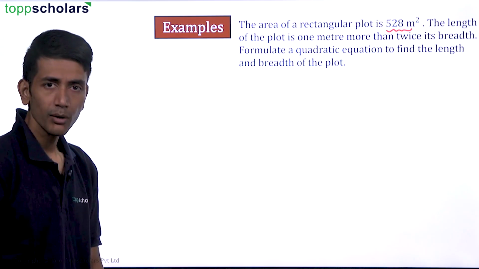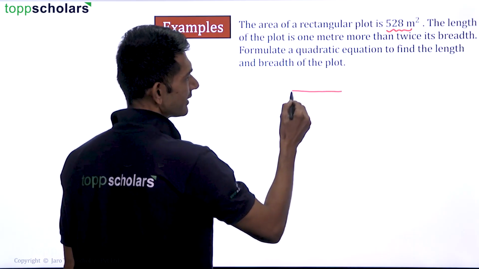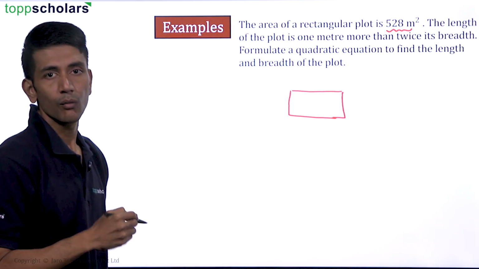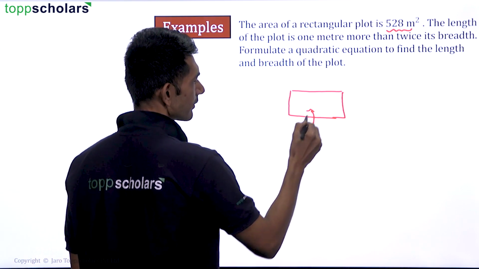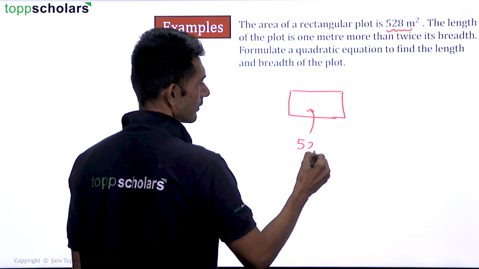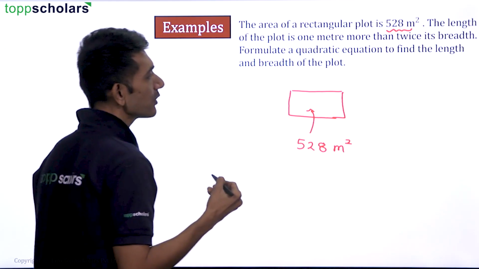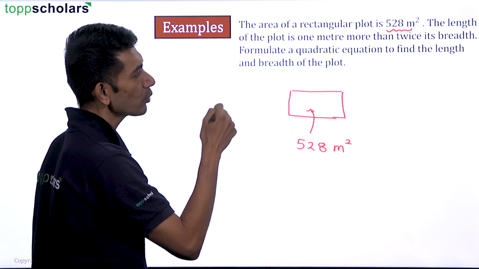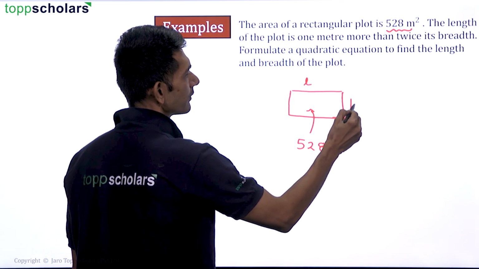Now, here we are talking about the rectangular plot, right? So, let us say this is the rectangular plot. What is the area given? The area is given as 528 meters square, right? The length of the plot is 1 meter more than twice its breadth. Now this is length, this is breadth, right?